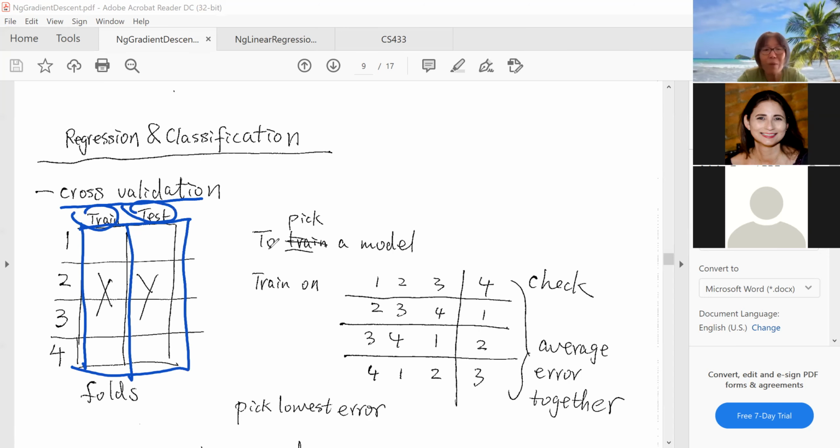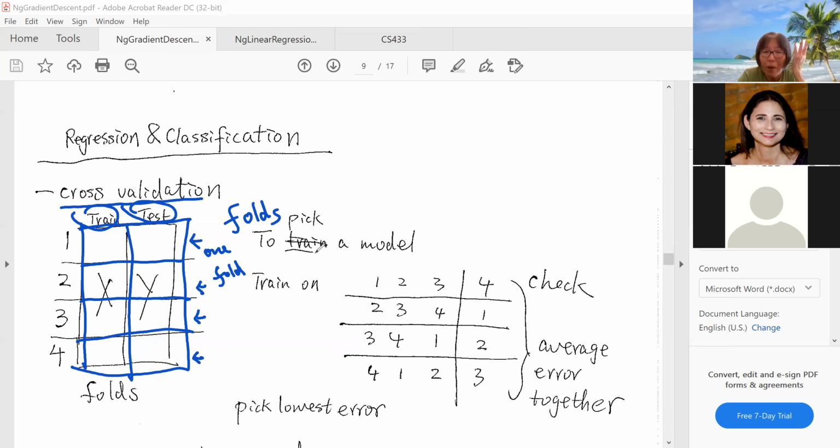Here in cross-validation, we can do further dividing. Suppose like 4, we call them folds, 4 folds. So this is one fold, and the second fold, third fold, the fourth fold.